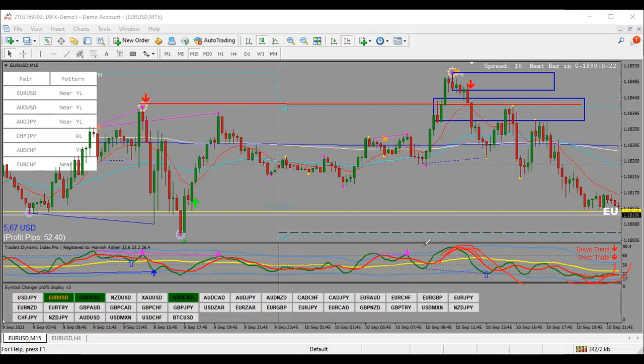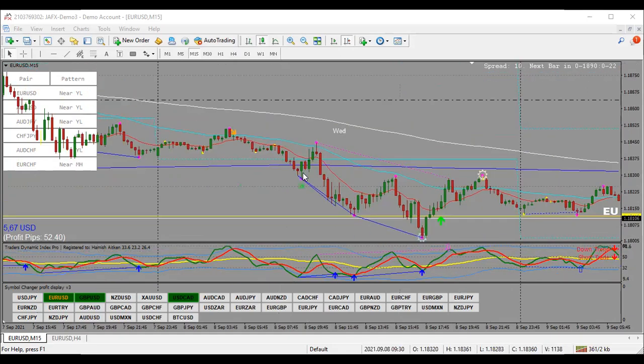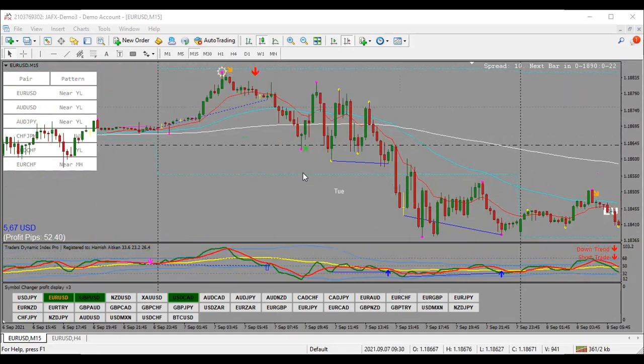It's not up to it, but in the places where you see it at 68, price will likely reverse. If it's below 32, price is reversing and is going to turn to the upside. If it's above 68, price is going to turn to the downside. Now look at here. You saw it at 68, and look at it from here, 68. Something like this. That's how price moves to the downside.